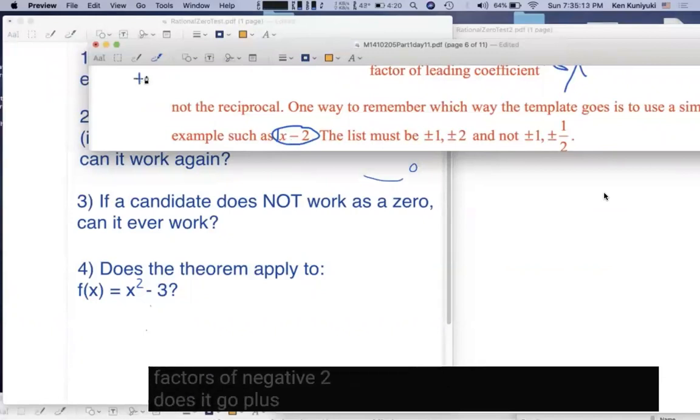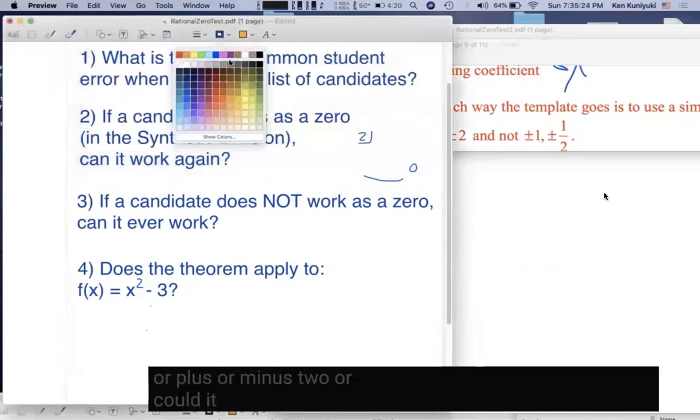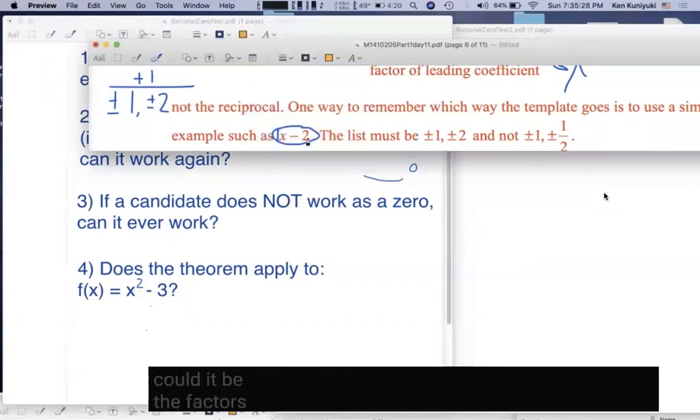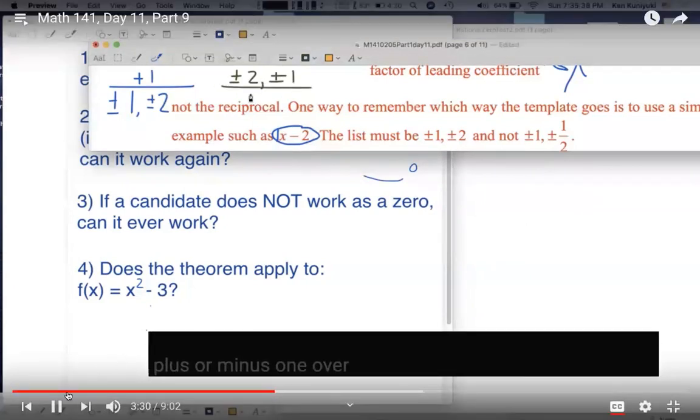Does it go plus or minus 1 over plus or minus 1 or plus or minus 2? Or could it be the factors of -2 over the factors of 1: plus or minus 2 over plus or minus 1? I know I should have had a plus or minus there too, but it turns out to be plus or minus for a bunch of things anyway.